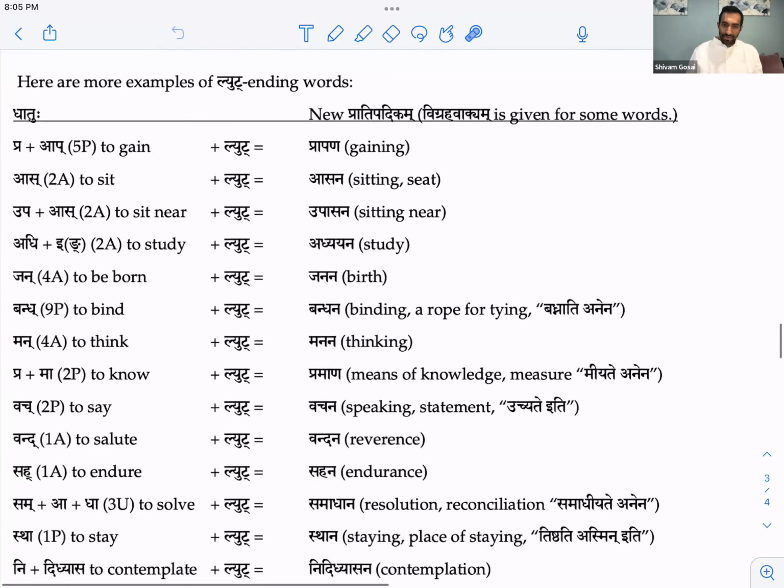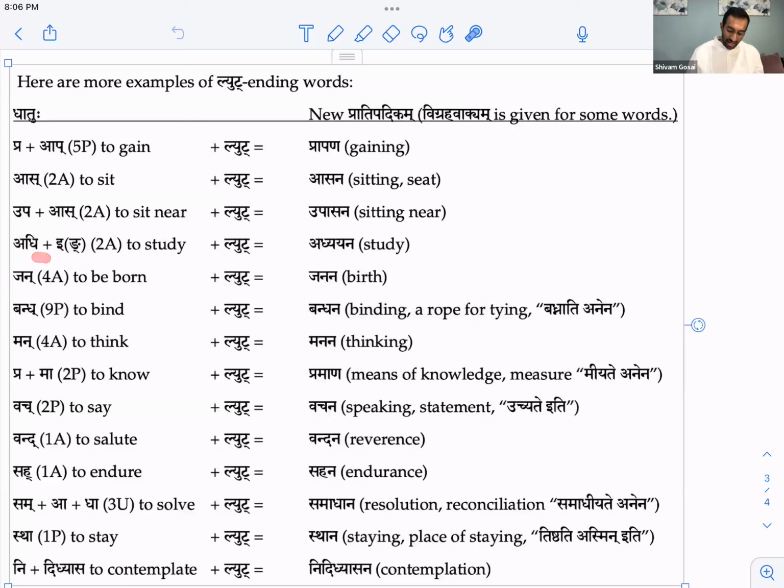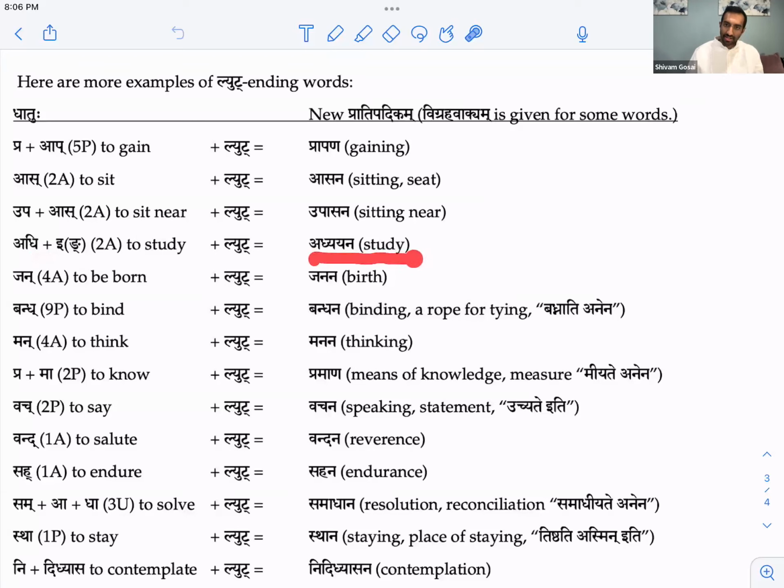Okay, let's look at some other examples, just so we get this sense, and then we have to end. So if I have, let's start with number 2, as plus ana, I get asana, sitting or seat. Upa plus as plus lyut, I get upasana, sitting near, upa meaning near. Adhi plus i, there's some sandhi, so it becomes adhy, but adhi i plus ana, so adhyayana, studying.